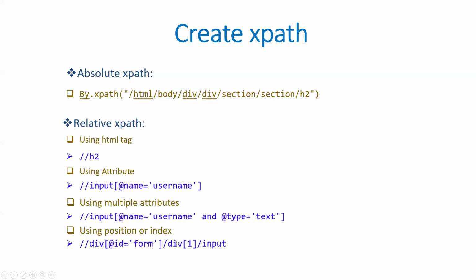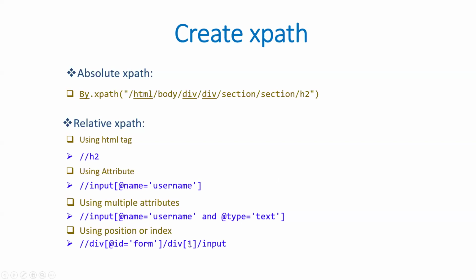Okay, guys. So this division element at position 1, that means this first division element may contain more than one division element as children. In that case, I want to identify the first division element or second division element or third division element, that means first child element or second child or third child. So which one do you want to identify here?